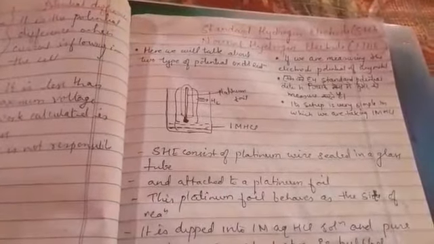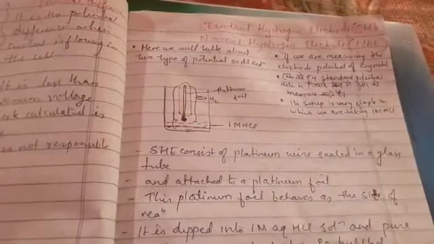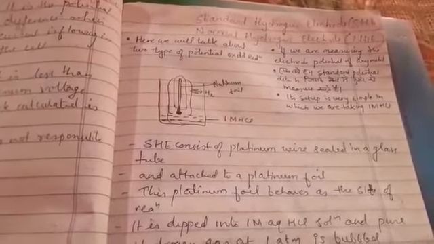So we take a standard electrode whose value is fixed. That's why we use hydrogen as a standard electrode, whose value is fixed, and with its help we can calculate the electrode potential of the other one.